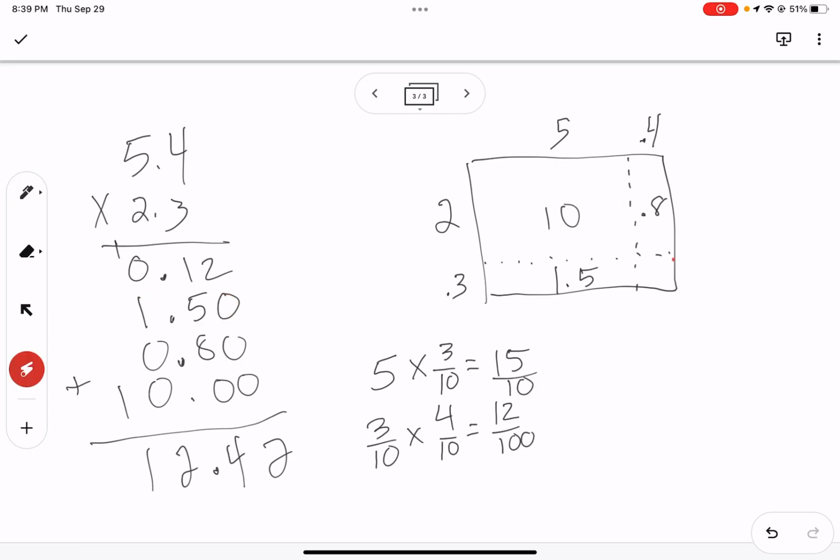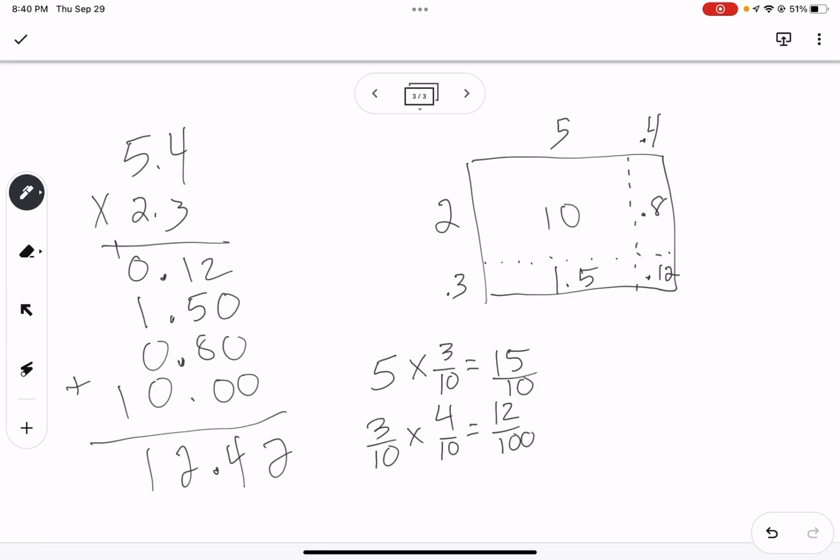And then the last but not least, the tiniest part of our area model is the 3/10 times the 4/10, which we also did already. So then we add everything up, which we actually already did over here, but now you get to see it visually. As a matter of fact, let's add this up partially now since we didn't do it over there.